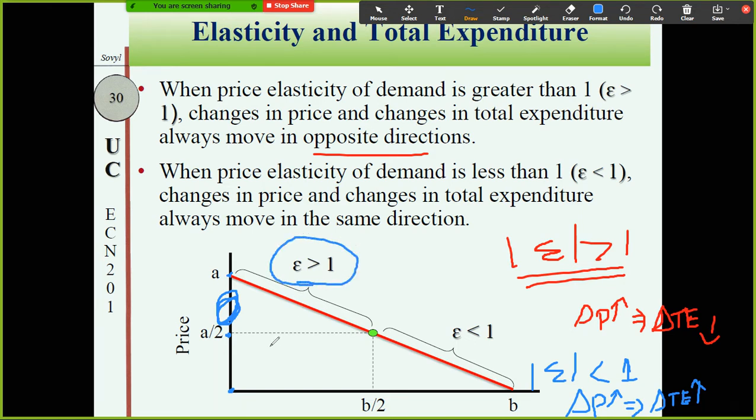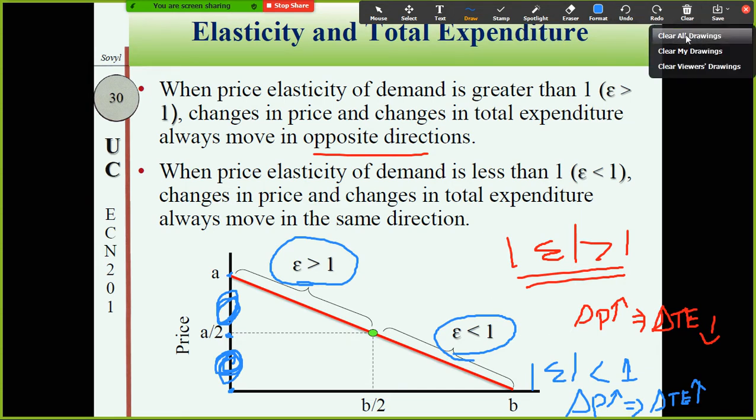Any price change below the midpoint price, in this area, makes the price elasticity of demand become inelastic. So when the price elasticity of demand is elastic, what happens to your expenditure? When the price elasticity of demand is inelastic, what happens to your expenditure when the price changes? Okay, so you need to remember that one.